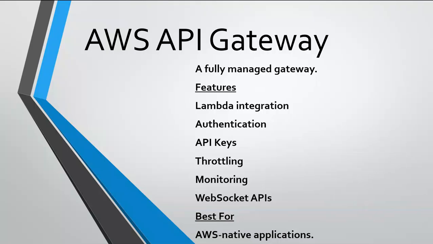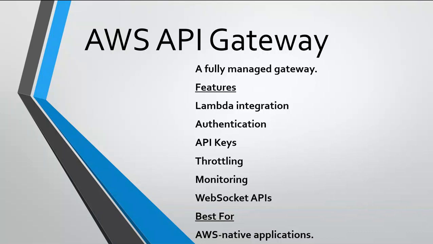Then, as we know, AWS is used almost everywhere. For the AWS API Gateway, this is a fully managed gateway, and the features are like: Lambda integration is there, authentication is there, API keys are there, like we'll have API keys for all APIs.